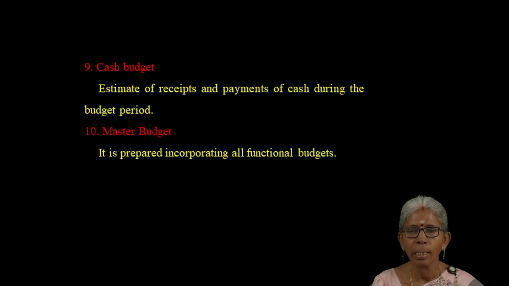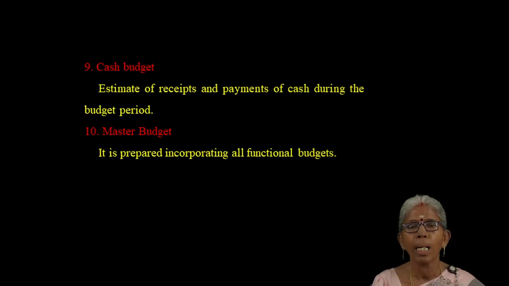It is an estimate of receipts and payments of cash during the budget period. Cash receipts may be cash sales, cash received from debtors, etc. Cash payments may be cash purchases, payments to creditors and other payments, rent payments, interest payments, etc.